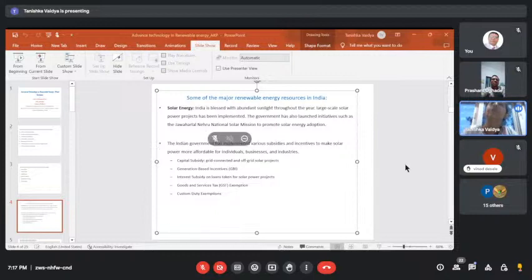If the initial cost is very high, capital subsidy is given by the government. Then generation based incentives, then interest subsidy on loans taken for solar projects. Then goods and service tax exemptions and custom duty exemptions are also given. So these are the facilities we can use for using this solar power.